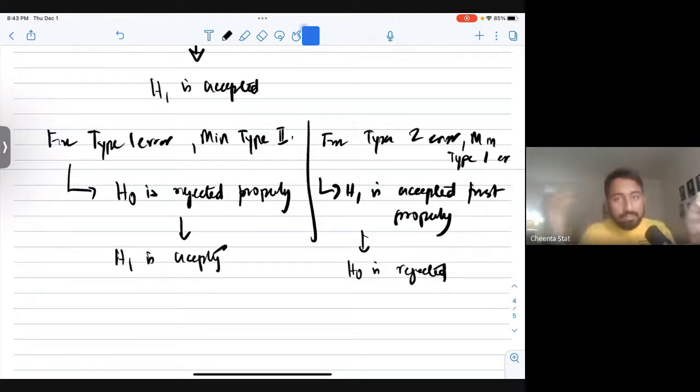So the idea is different. Mathematically it's not different, but probabilistically it's different. We are first rejecting h0 properly, and then we are accepting h1. And here we are first accepting h1. We are making sure the h1 is accepted first, and then hence since h1 is accepted, we are rejecting h0. The two concepts, the two directions, are different.